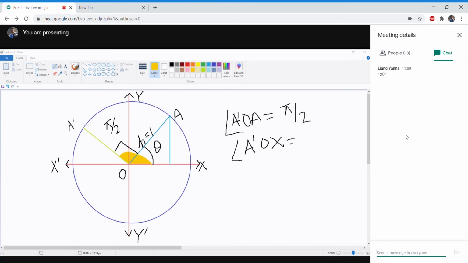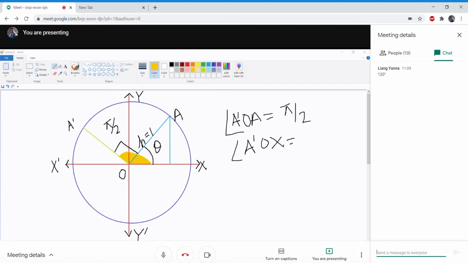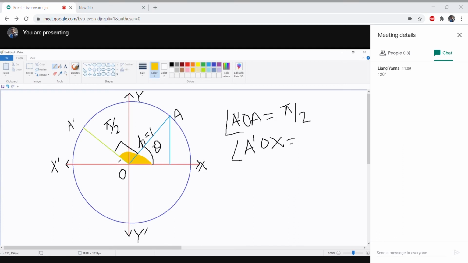120 degree. How 120 degree? We only know pi by 2 and theta. Look, one thing we only know here, this angle is 90 degree, right?